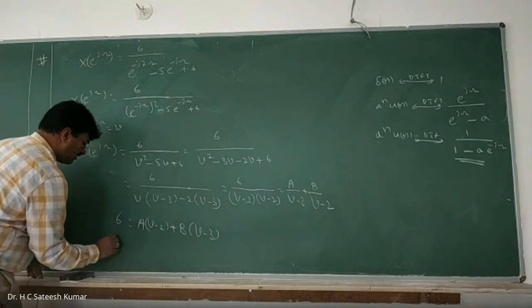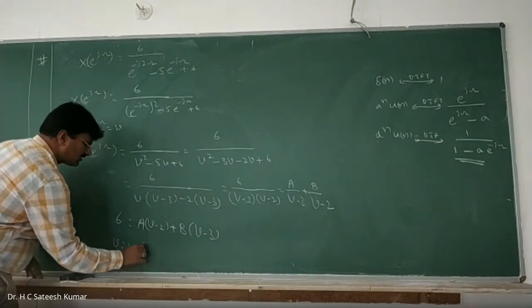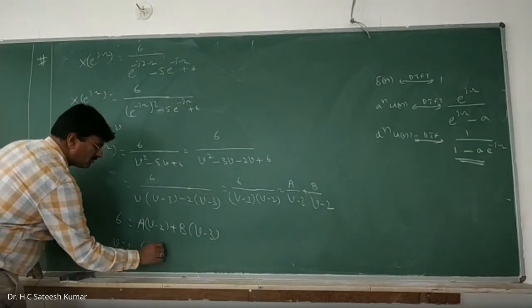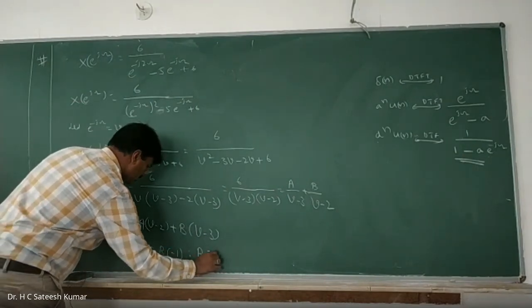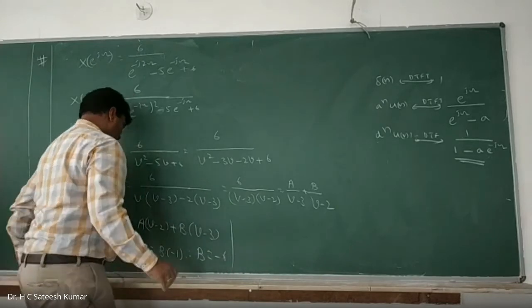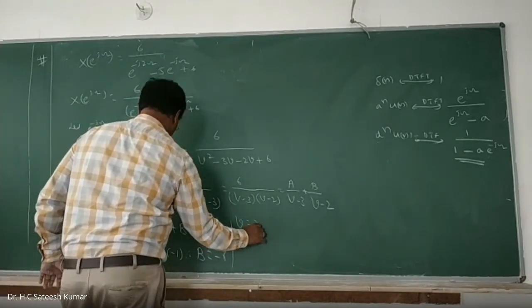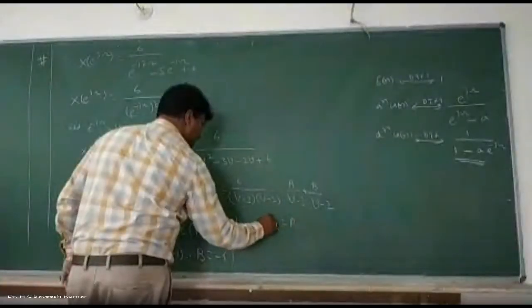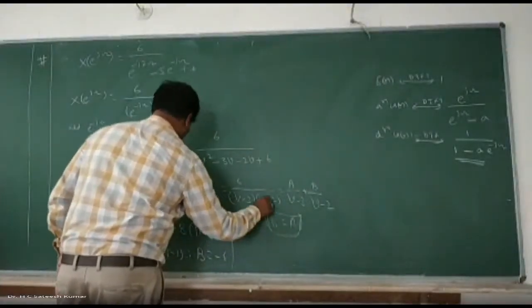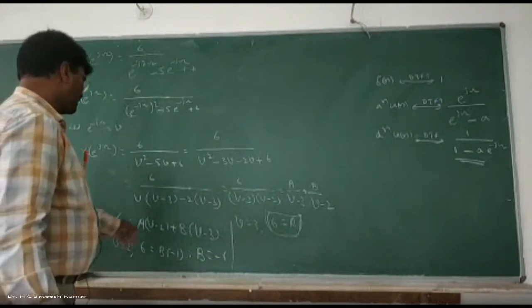Put v is equal to 2: 6 is equal to B into minus 1. Therefore, B is equal to minus 6. Put v is equal to 3: 6 is equal to A. 3 minus 2 is 1.